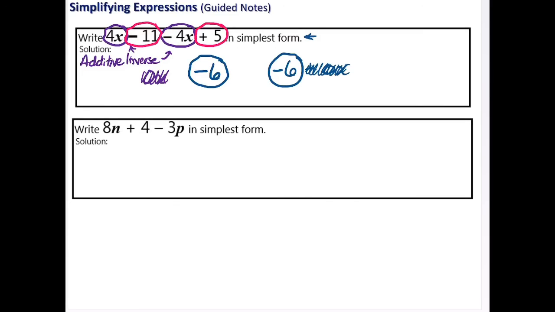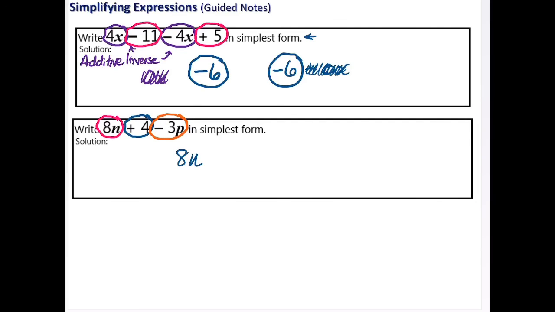And then in this last example, we're going to only add n's with other n's. Is there any other n's? I don't see any. Are there any other constants? I don't see any other constants either. Are there any other p's? No, there's none of those. So in this example, sorry to confuse you, but this is going to happen. It is already in simplest form.